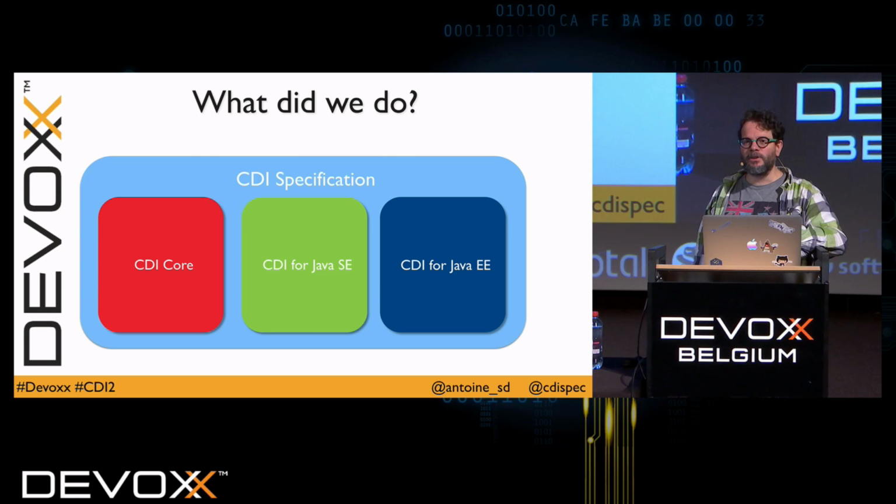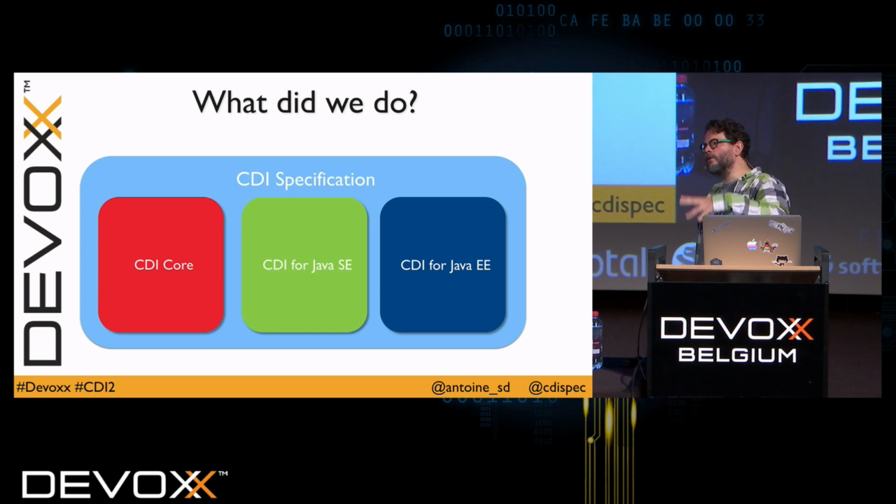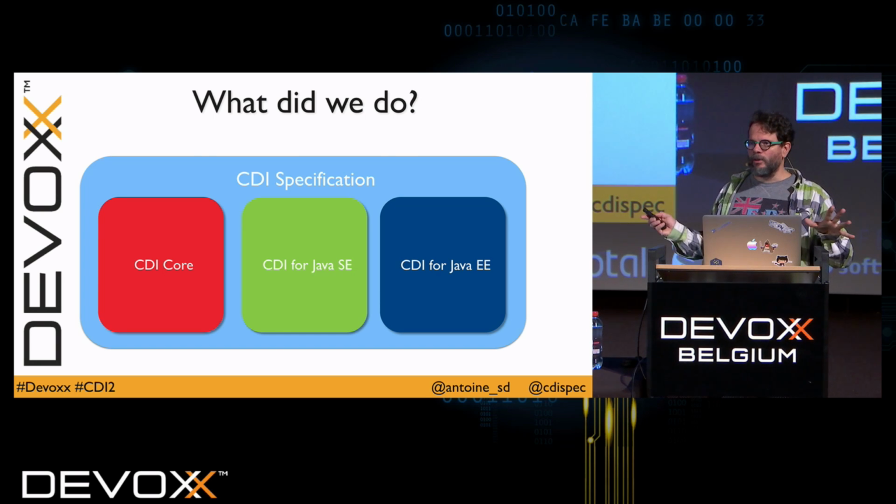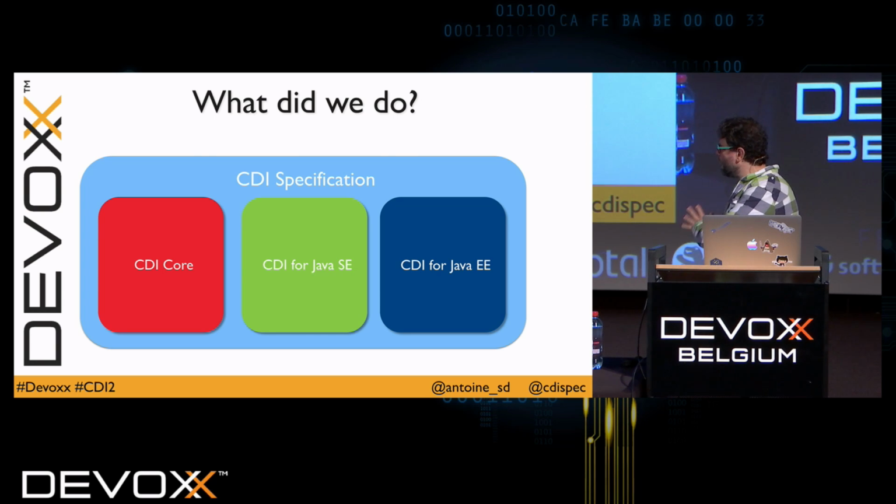It was necessary to be sure that we provide something nice for the spec. We couldn't do like other specs are doing, like if the container is running under Java SE, then blah blah blah blah, because there was EJB everywhere, and we had to cut all the parts to be sure that we don't forget anything. And for the TCK as well, it was important to do that.